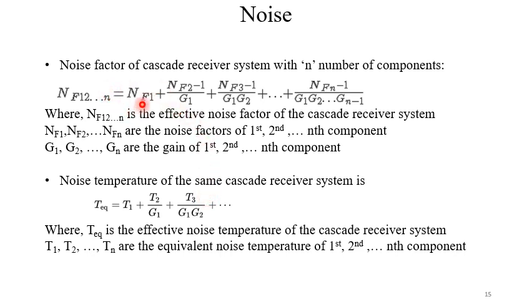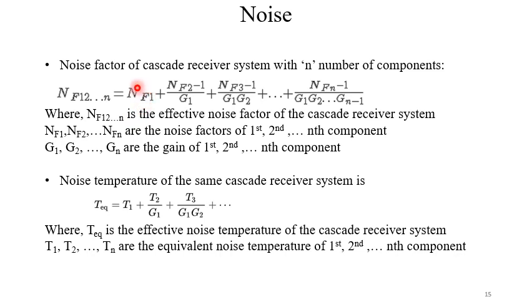Now if you observe these expressions carefully, you can see that the first stage plays an important role in the noise performance of the cascade receiver, because all the other terms are divided by the gain.